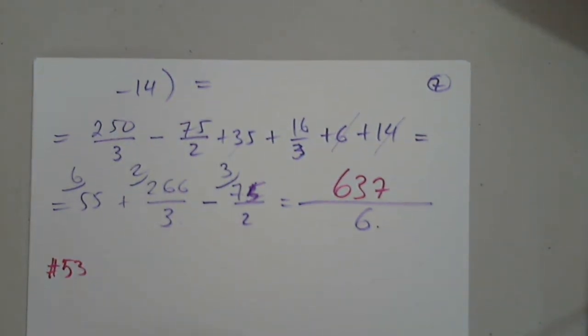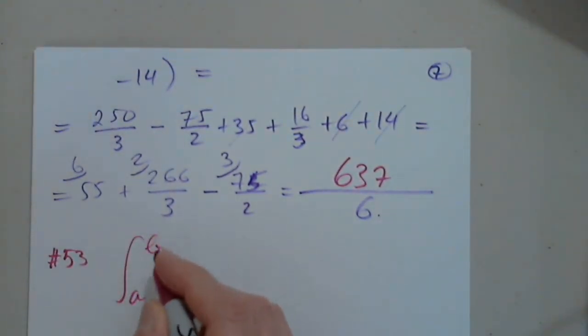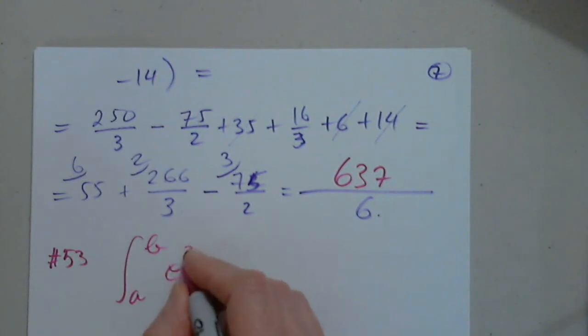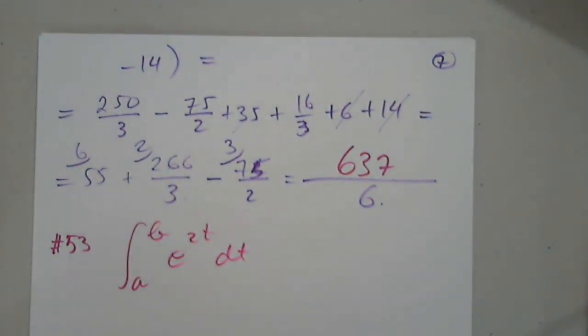Yes. Okay, 53. The integral from a to b of e to the 2t dt. Great.